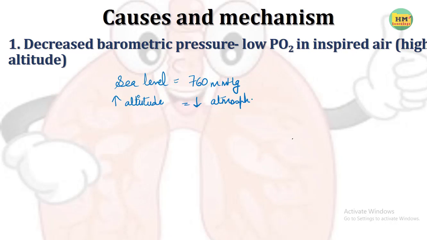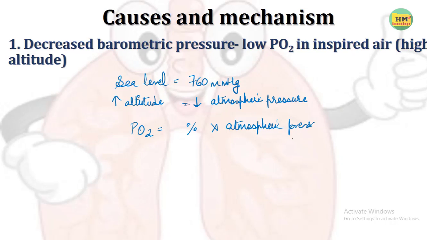And we know that the atmosphere is a mixture of gases, and every gas exerts its pressure, and thus the sum of the pressure exerted by all the gases will be equal to the atmospheric pressure. So if we want to calculate the partial pressure of oxygen, we have to multiply the fraction component of the oxygen into the total atmospheric pressure, and that will give us the partial pressure of the oxygen.